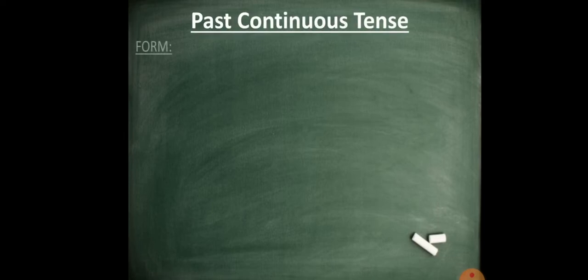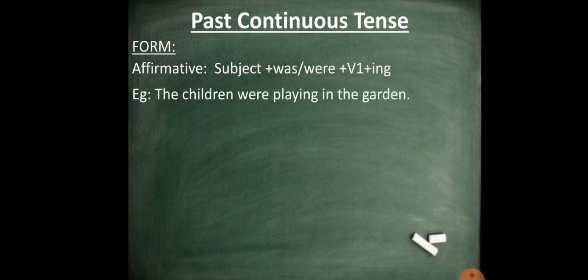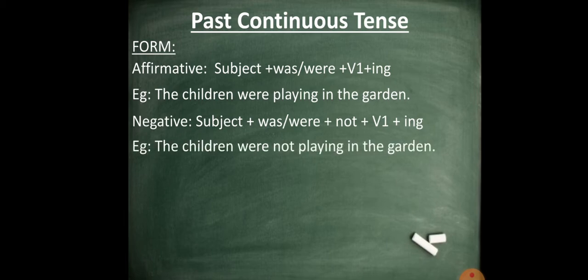The formation of past continuous tense, affirmative sentence. It is formed by putting the subject first followed by was or were plus V1 plus ing. Example, the children were playing in the garden. The negative is formed by adding not after was and were followed by V1 plus ing. Example, the children were not playing in the garden.